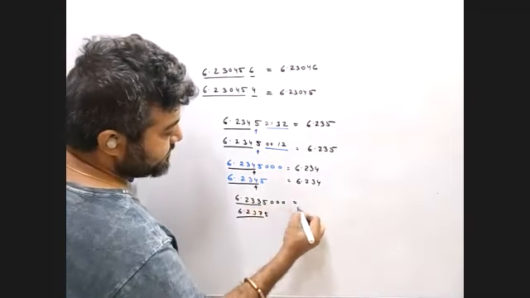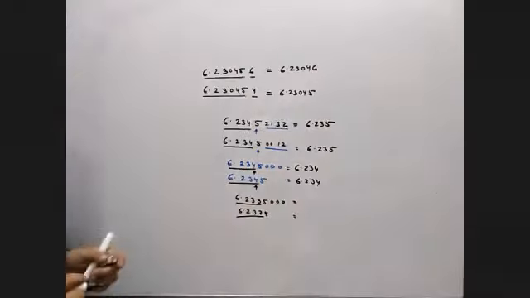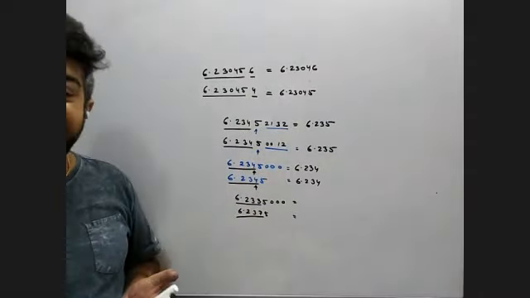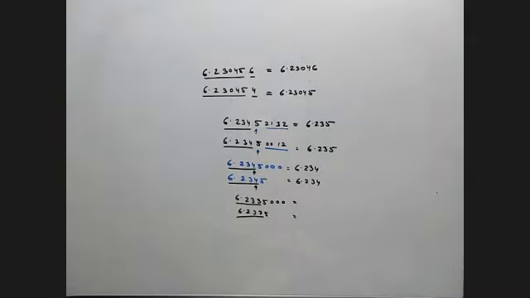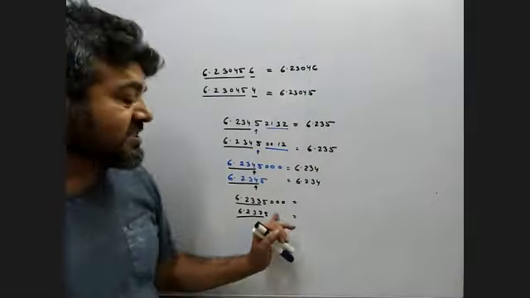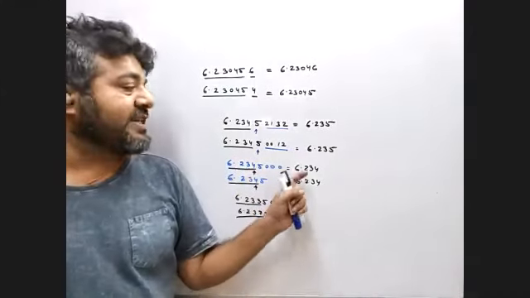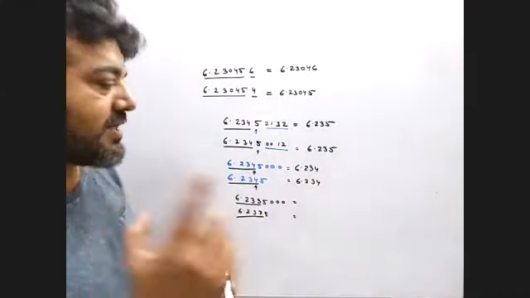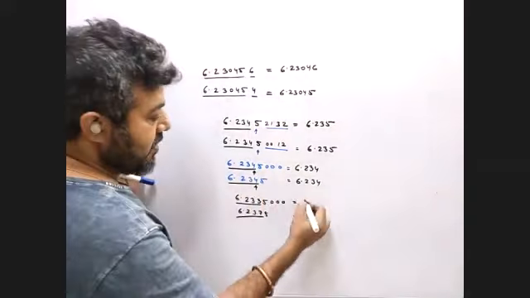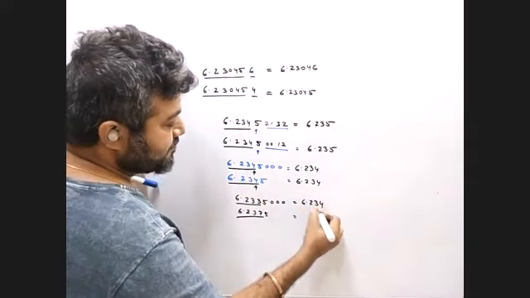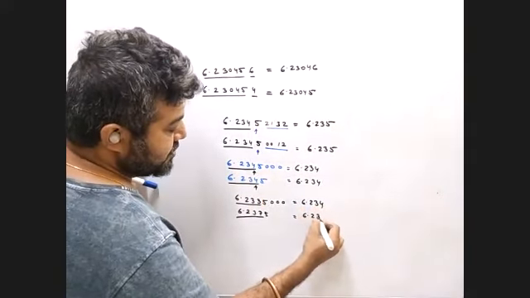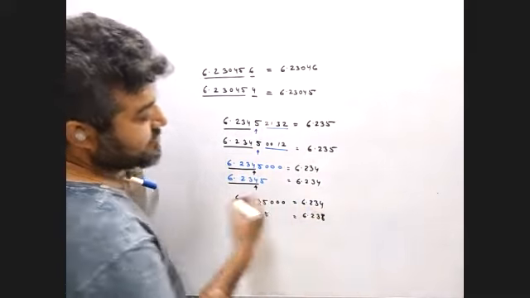Try to understand. Suppose we round off up to 4 digits. If it is exactly 5, or 5 followed by only zeros, then the previous digit, if it is even, stays as it is; if it is odd, increase by 1. So 6.234, 6.238. Everyone understand?